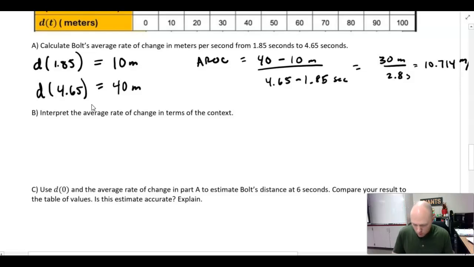Okay, so hopefully you used the acronym CUT. Again, what's the context that we're talking about here? Well, we're talking about Usain Bolt's distance in this race, right?